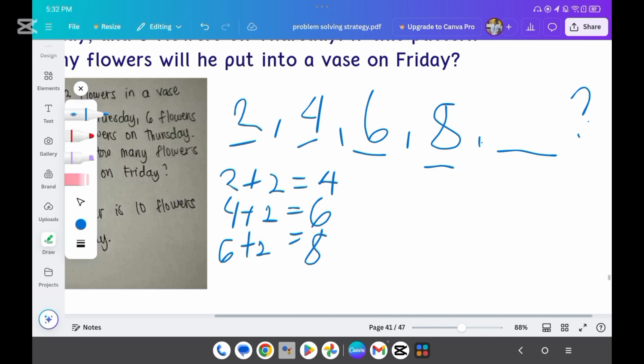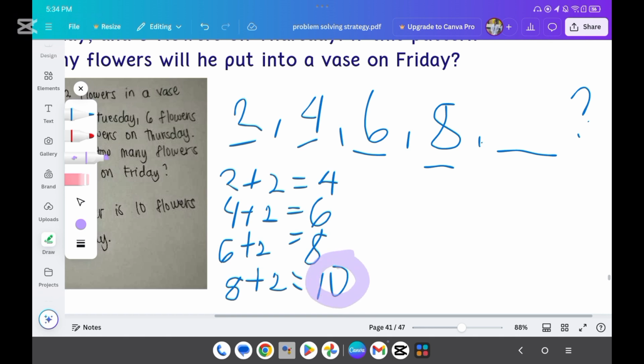Ibig sabihin, we need to add 2 to 8 to give us 10. So, 8 plus 2 gave the florist 10. So now, nahanap na natin ang answer, which is 10.